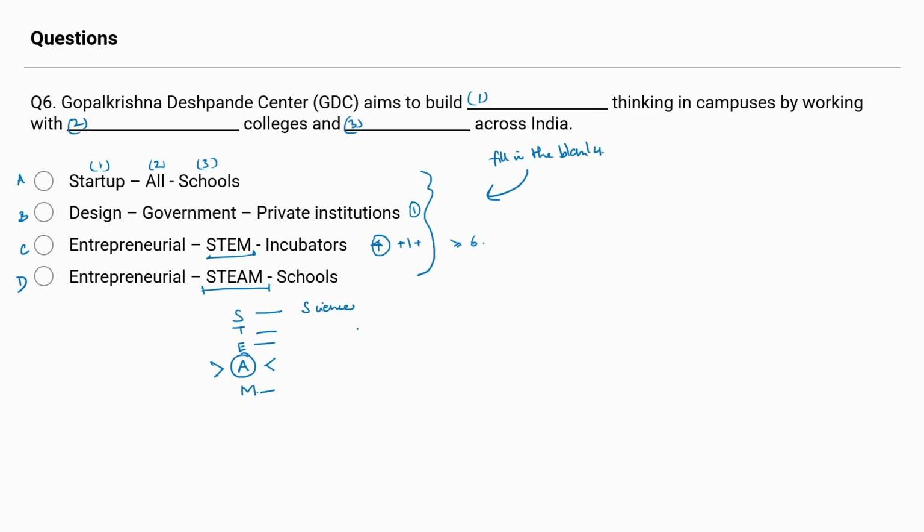Yes, so I believe most of you have correctly mentioned. It's about science, technology, engineering, and mathematics. What about A? What is A? Analytical. All right. Any other option for A?